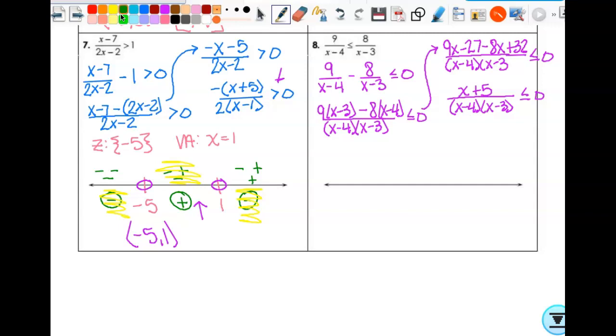Okay, then I want you to find your zeros, your asymptotes, make your number line, answer the question, whole 9 yards on your own. I'll write little pieces up here as we go. If you get stuck on something, let me know. Just copy mine down.